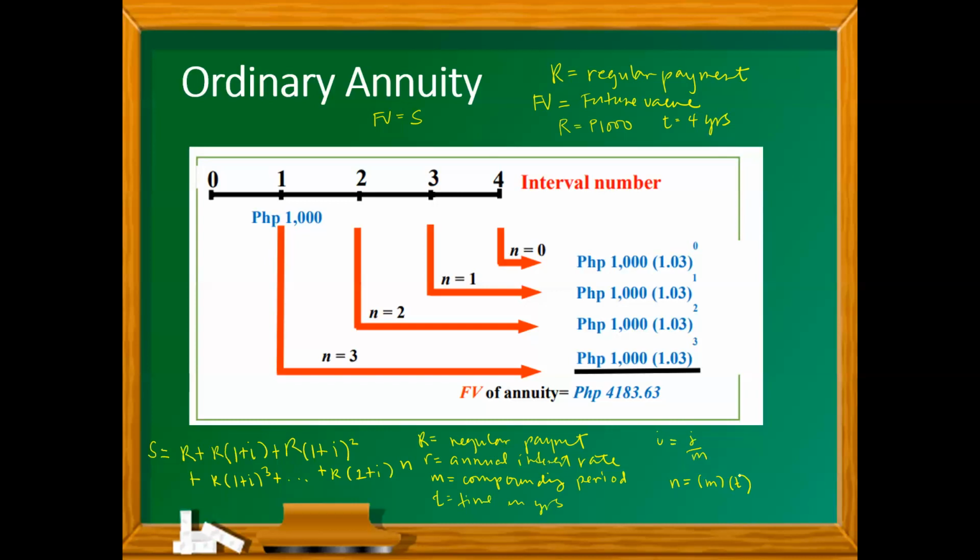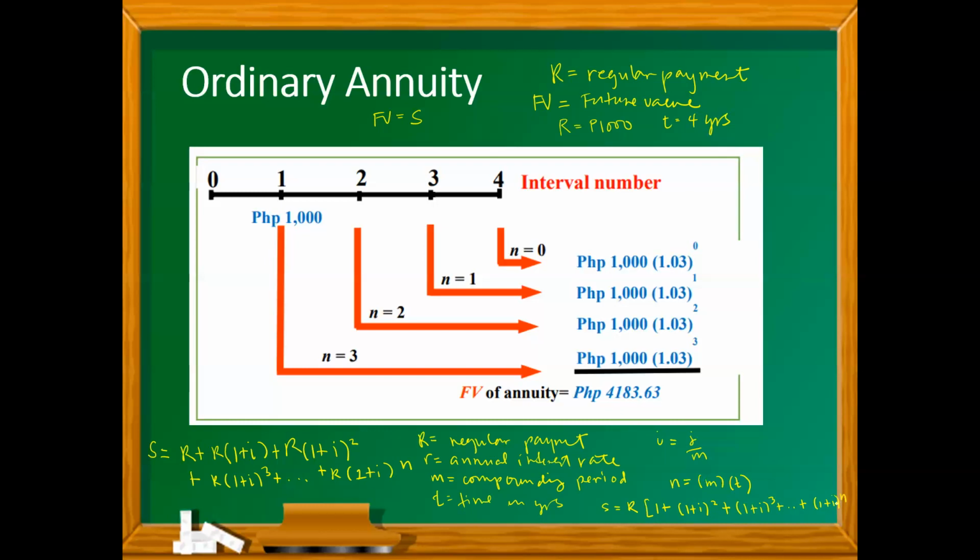Now, looking at the pattern here and moving out the common factor, we'll come up with S equals quantity R times 1 plus 1 plus i to the second plus 1 plus i to the third plus up to 1 plus i to the nth.